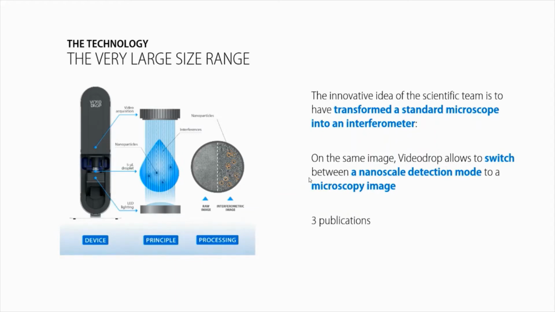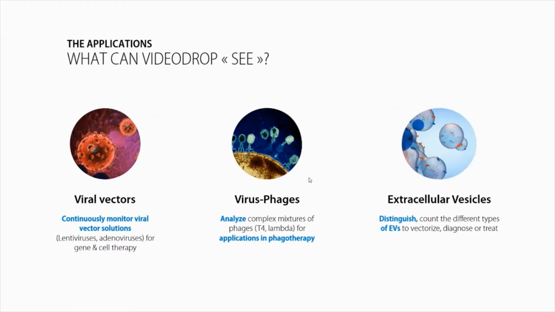Now I will tell you more about the application. So what can we see with the VideoDrop? We focus on viruses, but we have been approached by people working on phages and extracellular vesicles. For viruses, we can continuously monitor viral vector solutions like lentiviruses or adenoviruses that are used in gene and cell therapy.